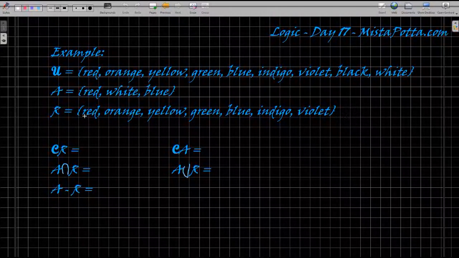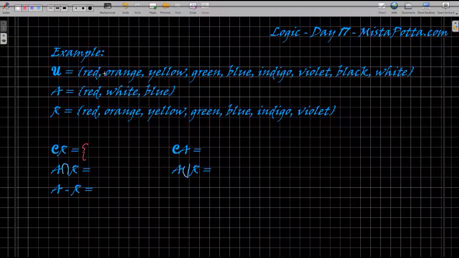And so I want to come up with some sets here. So the first set I want to come up with is the complement of R. Remember, a complement is a set that contains all elements not found in a given set. So what's not in R? That's in our universe.